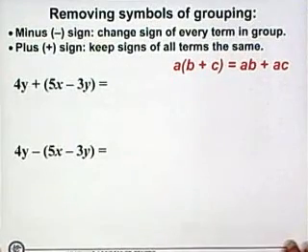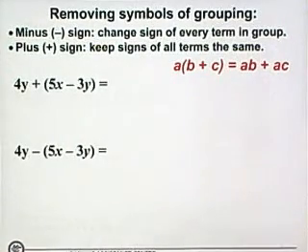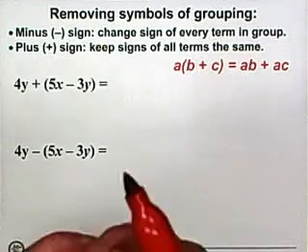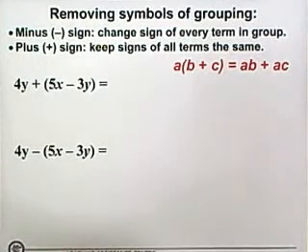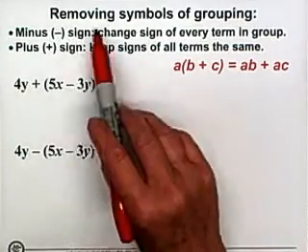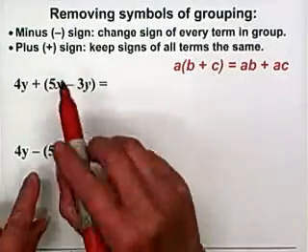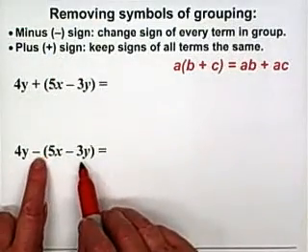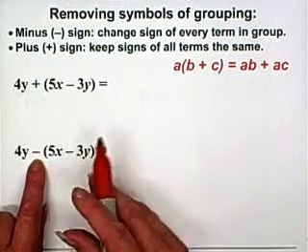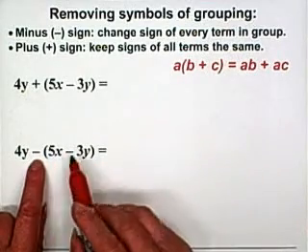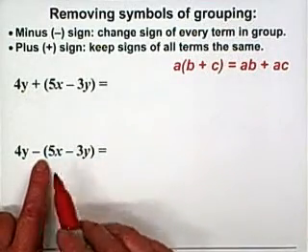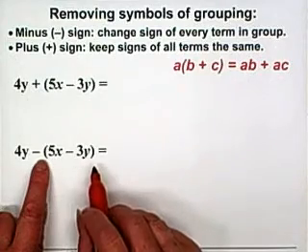Now you may have noticed when we were working on the last questions that when you had minuses in front of your parentheses, the signs changed in the terms. So we're going to just walk through that a little bit here. When you're removing symbols of grouping and you have a minus sign in front of the symbol of grouping, you can remove the brackets and you just change the sign of each of the terms inside the group.